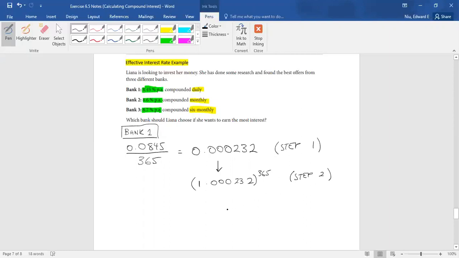What would this get us? 1.000232 to the power of 365 gets us 1.08836. Okay, so that's step 1 done, that's step 2 done.